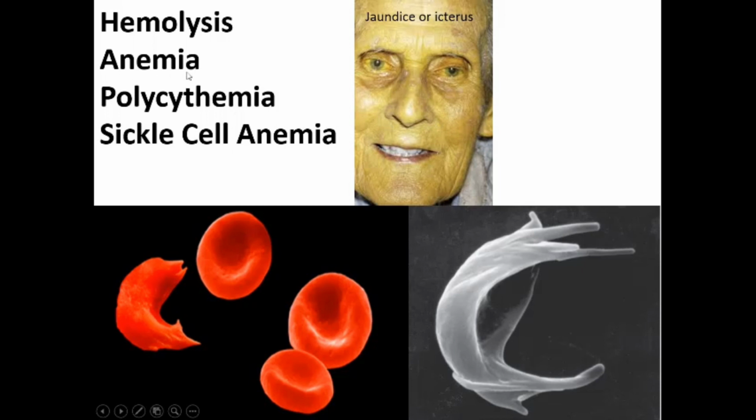Anemia is when we have a low concentration of RBCs compared to the normal range. This kind of person can be characterized by fatigue, heart palpitations, shortness of breathing, and pale skin.